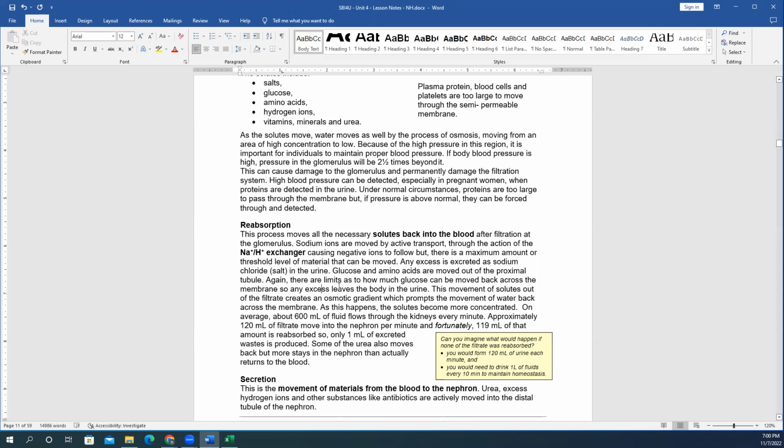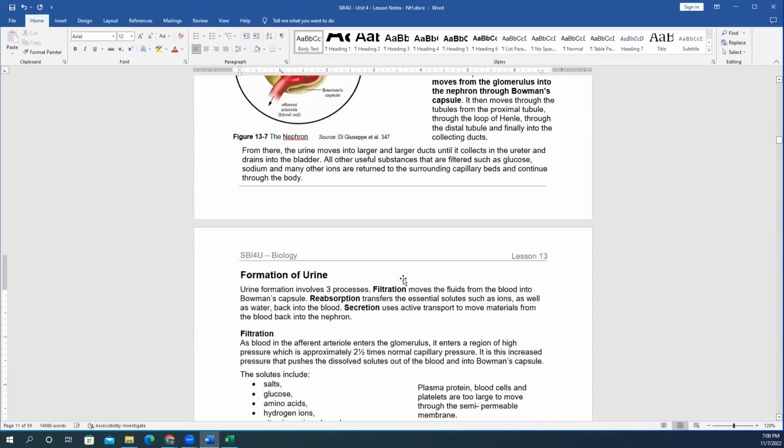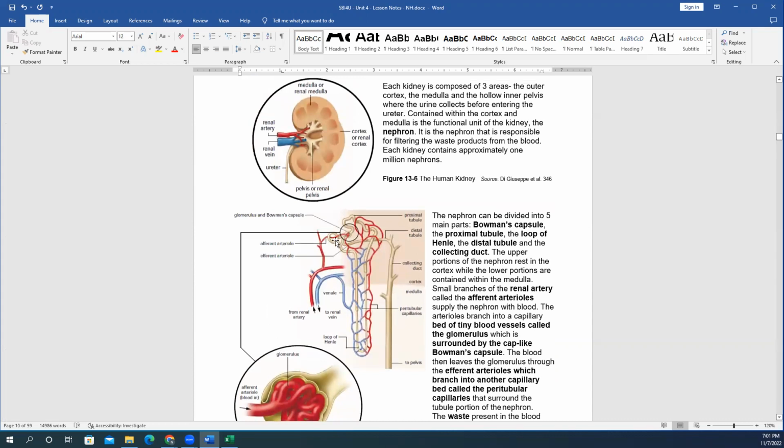Then you have things such as glucose and amino acids that are moved out of the proximal tubules. The proximal tubule, just to remind you again, is this tubule that is immediately after the Bowman's capsule. This is the proximal tubule.